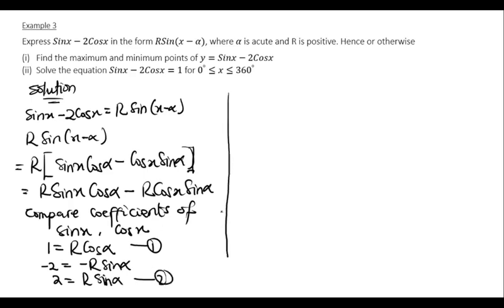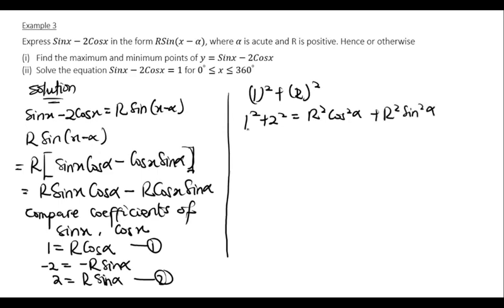Okay, so as usual, we need to find the value of r. So we square and add both equations. So equation 1 squared plus equation 2 squared. So we have 1 squared plus 2 squared is equal to r squared cos squared alpha plus r squared sine squared alpha. So we have over here 1 squared plus 2 squared is equal to 5.